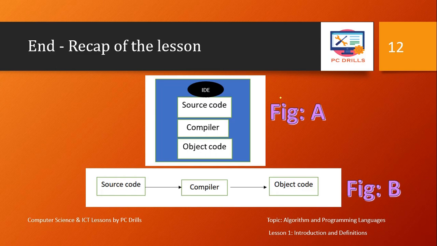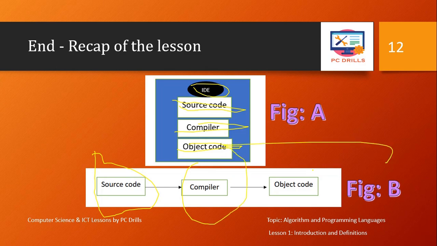So a wrap up or a recap for this particular lesson is simply that in an IDE, we have a source code editor, we have a compiler, and we have the object code, which is the output of the compiler. So when you have your program, you write it in a particular programming language, you write the source code. A compiler for that particular programming language compiles the code and it produces the equivalent object code that the machine should understand and use.